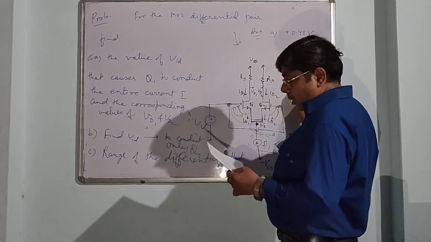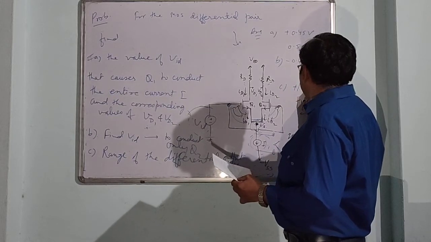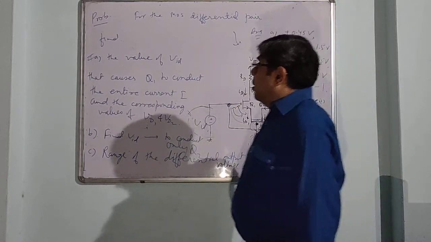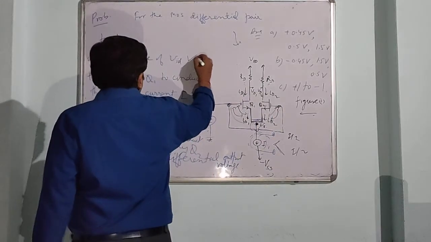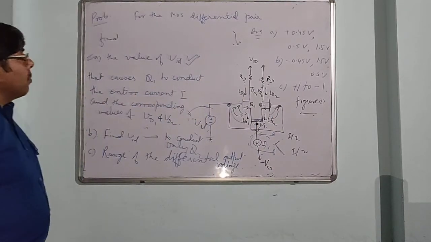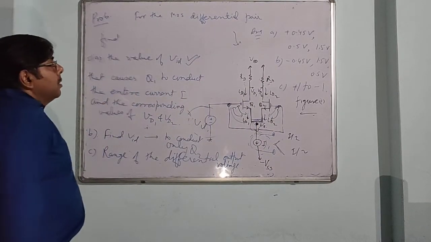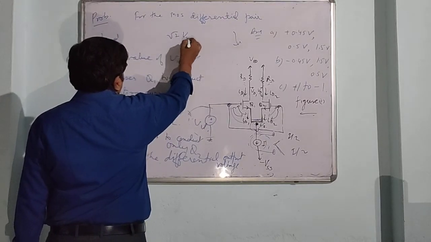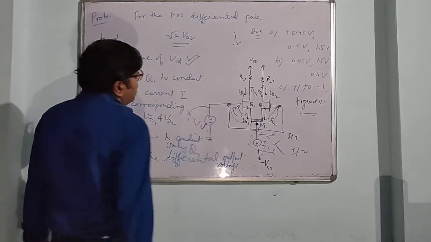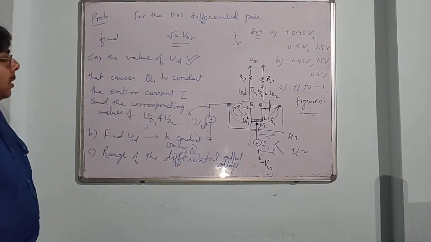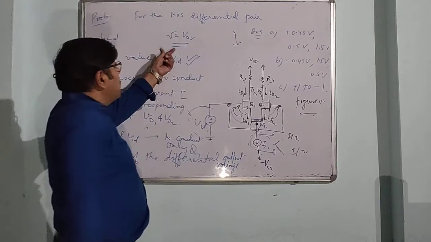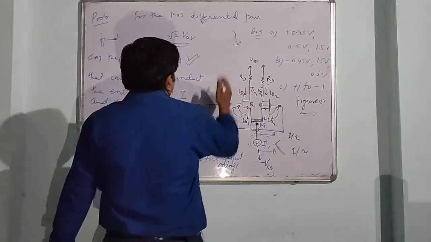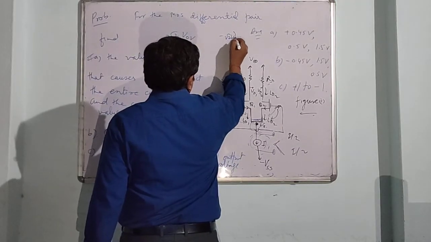And in part C, plus 1, to minus 1. How can we calculate this VID? Limits: under root 2 VOV to minus root 2 VOV. This is the range.